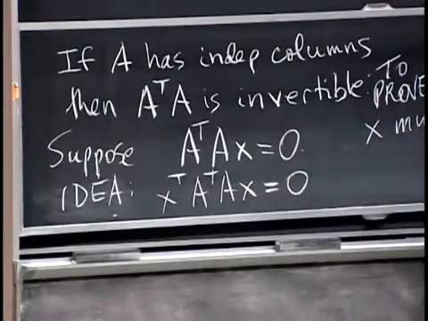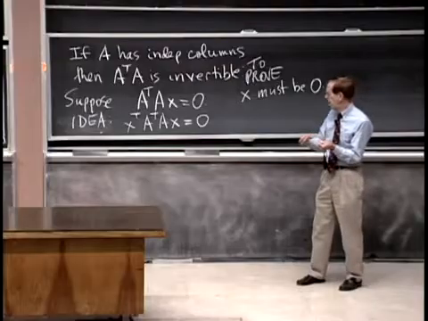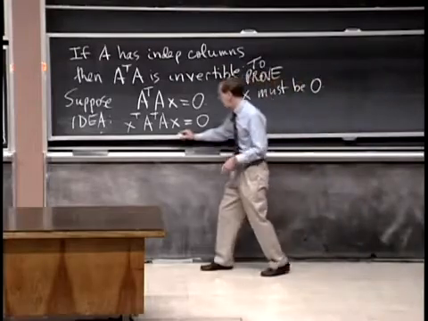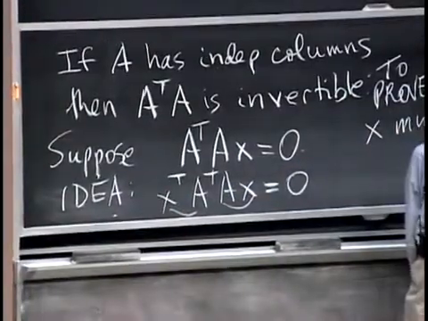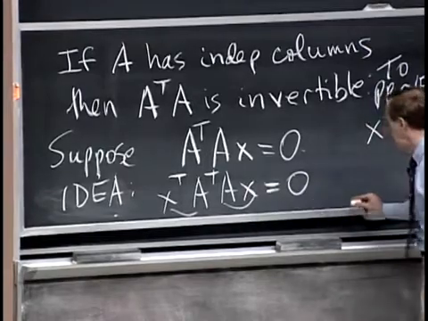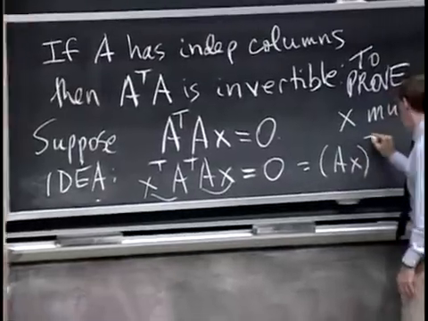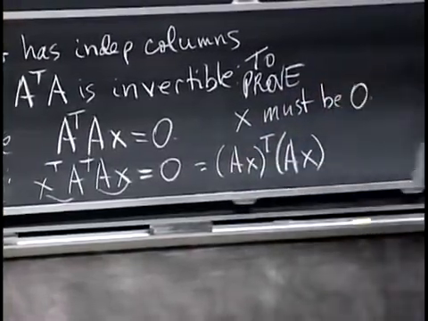Do you see what it's giving you? It's again going to be putting in parentheses. I'm looking at Ax, and what am I seeing here? It's transpose. So I'm seeing here, this is Ax transpose Ax equaling 0.